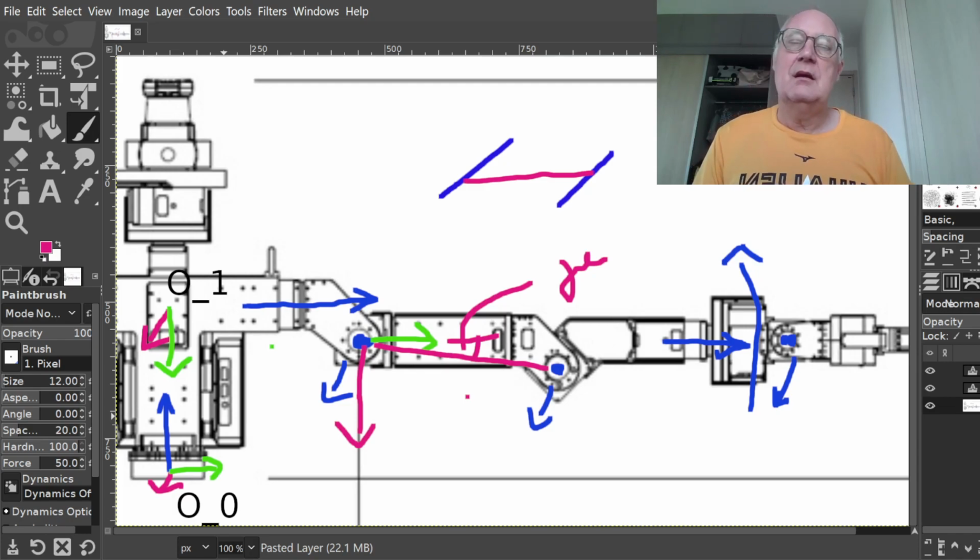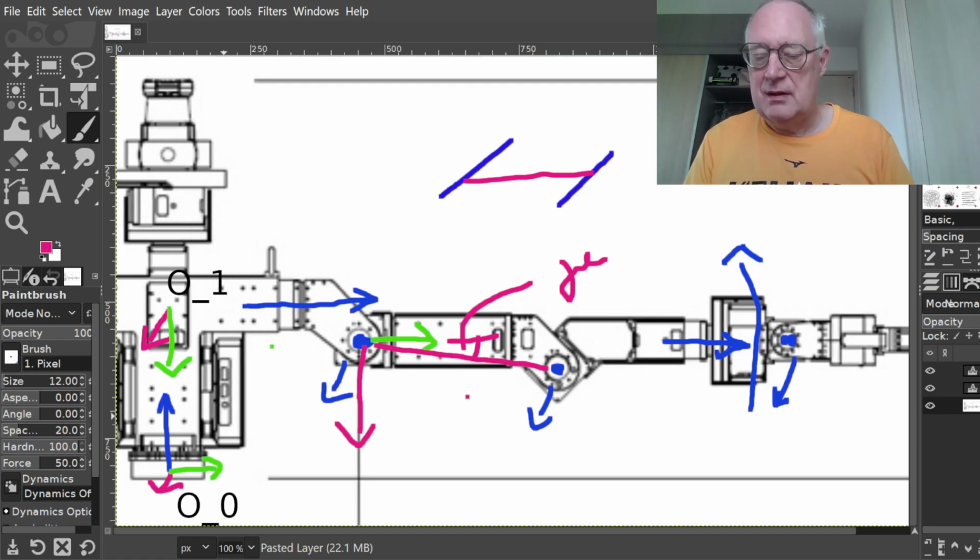So then the direction that I need to rotate for theta, so that means theta 3 is equal to 90 degrees minus this angle gamma.